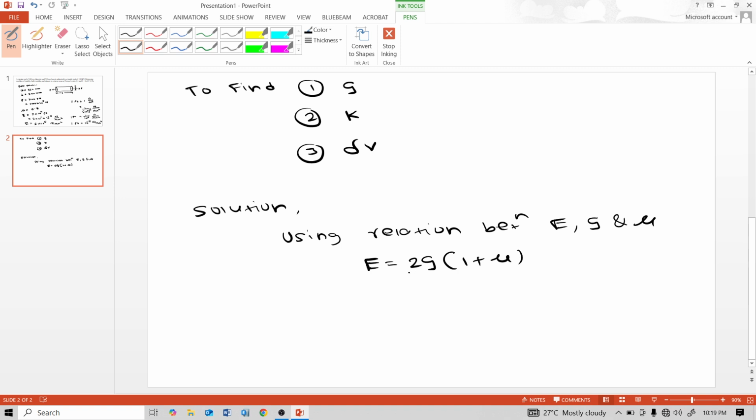We derived this equation already in one of our previous lectures. E is equal to 2G multiplied by 1 plus mu. Therefore, shear modulus G is equal to E upon 2 in bracket 1 plus mu.